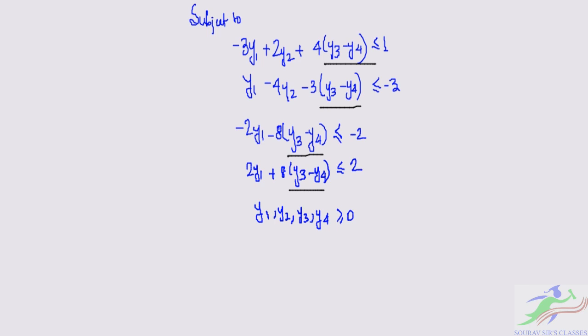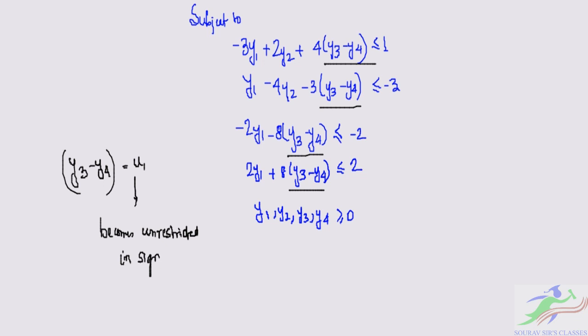Whenever there is an equality constraint in the primal, this new variable y3 minus y4, which is going to be equal to u1, becomes unrestricted in sign, being the difference of two non-negative variables. These are the two non-negative variables.